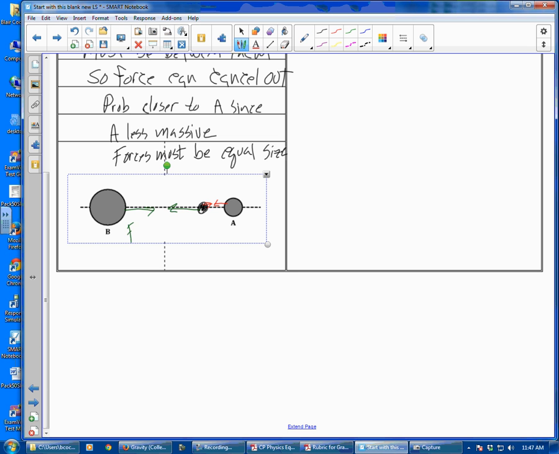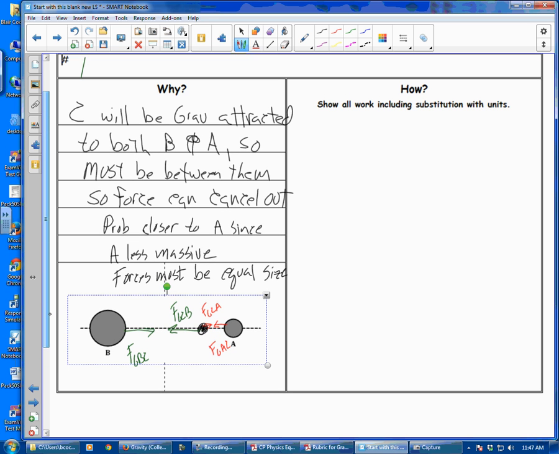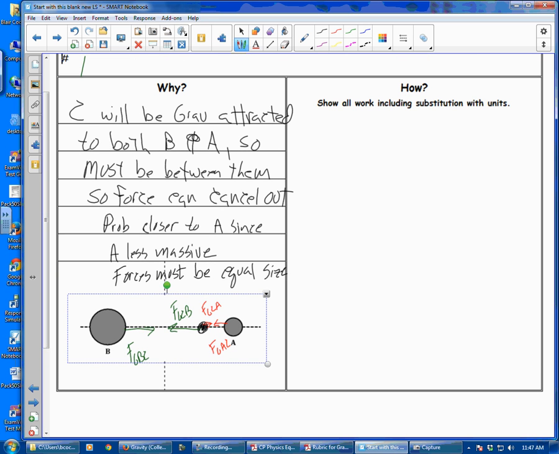This would be the force of gravity on B due to C, force of gravity on C due to B, force of gravity on C due to A, force of gravity on A due to C. And I know that's really small, sorry. But that would be a complete answer. You're showing your understanding through your words and also through your force diagram.